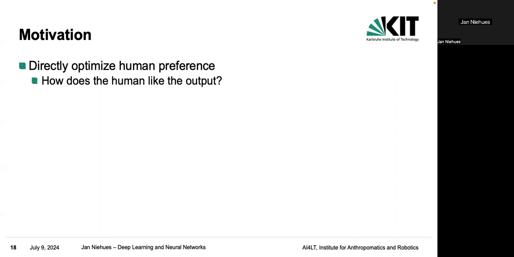So can we somehow get ratings of how much the human likes the answer, and then train the model to give answers that really agree with what the human would like to have? That's exactly the ultimate goal at some point. What you want to have is an AI system which is helpful to the user. So therefore, can we directly optimize this helpfulness in a way that we're directly providing answers that are very helpful for the user?